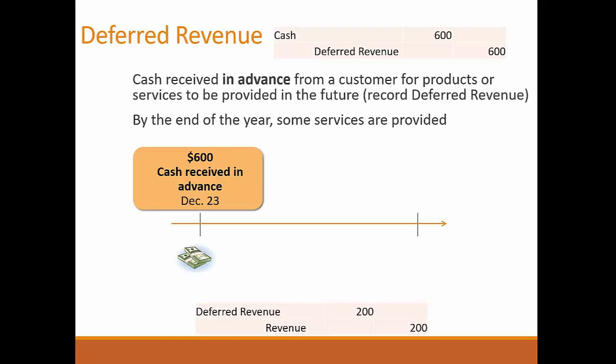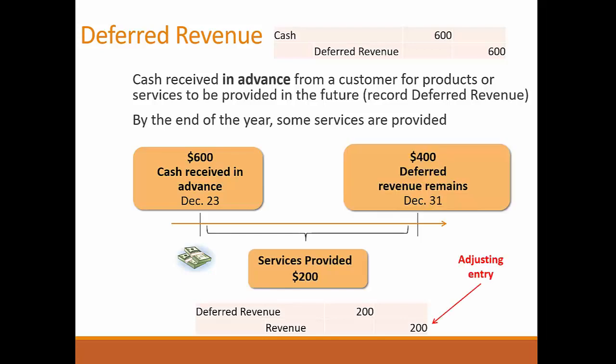Now, when time elapses and they actually provide the service, or the time passes in the case of something like rent, then they will go ahead and recognize some of that revenue. So in this particular case, the company provided services of $200, so now they're going to take $200 out of the deferred revenue.